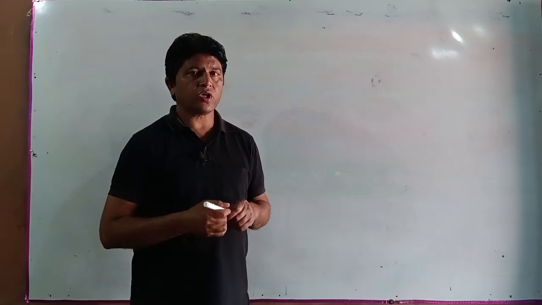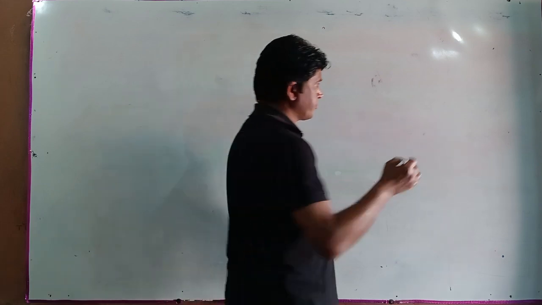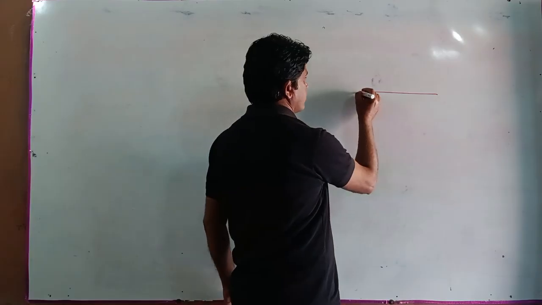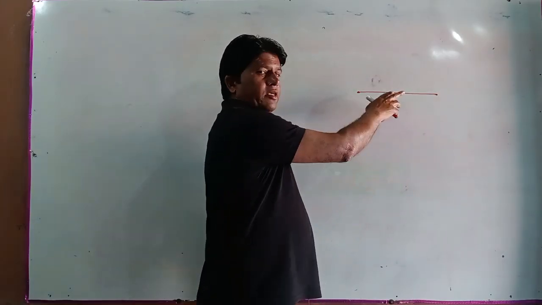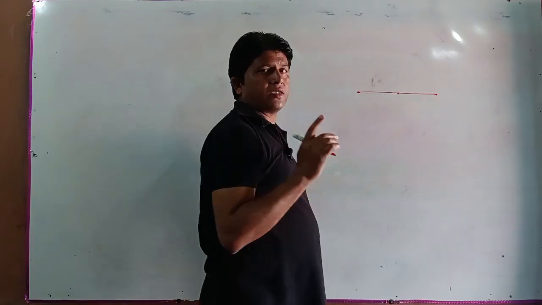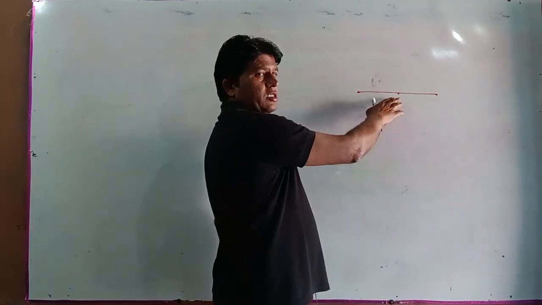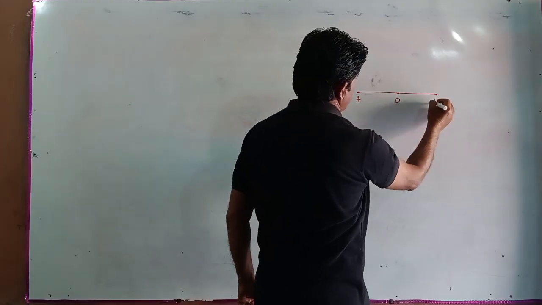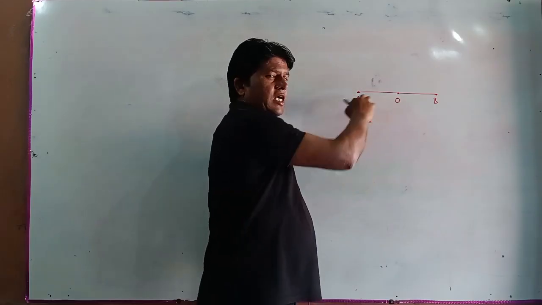First of all, we draw a line and mark 3 points on it, such that two of them are at the extreme points and the third is at the center of this line, and name these points A, O, B, because we know that O is at the center.